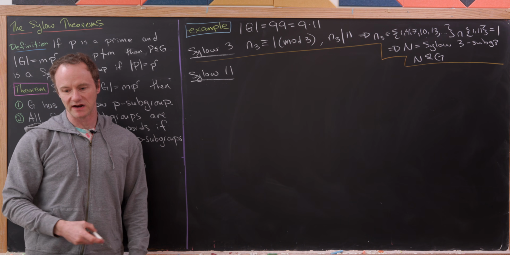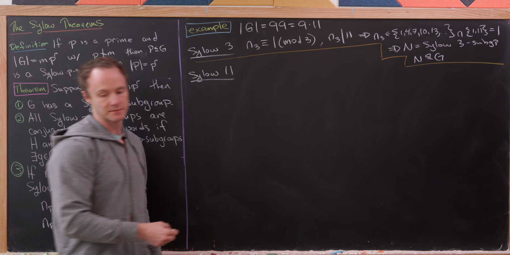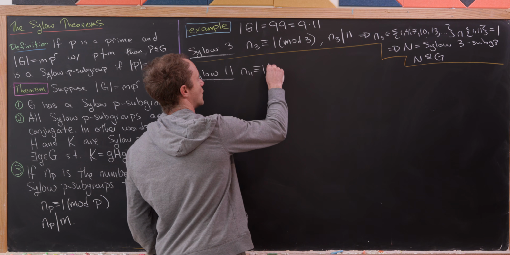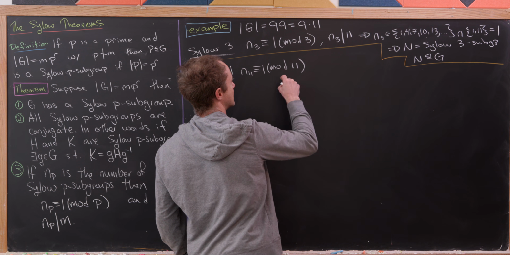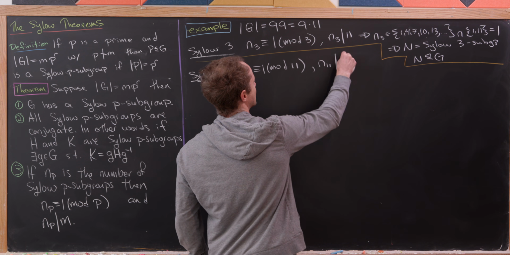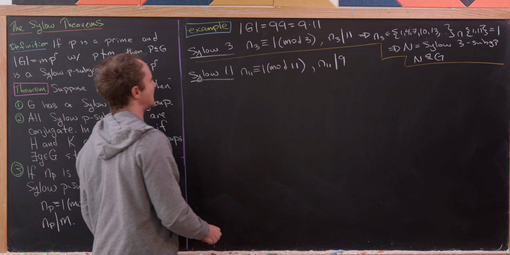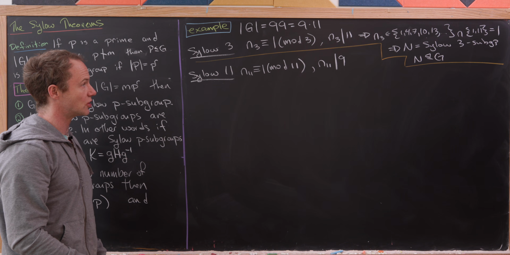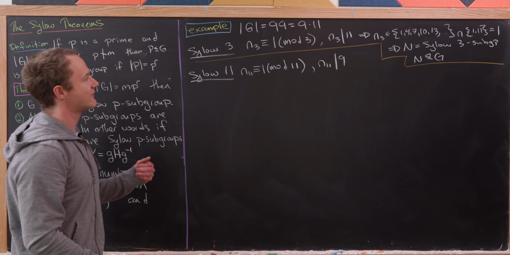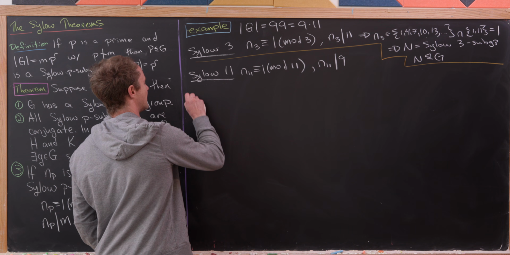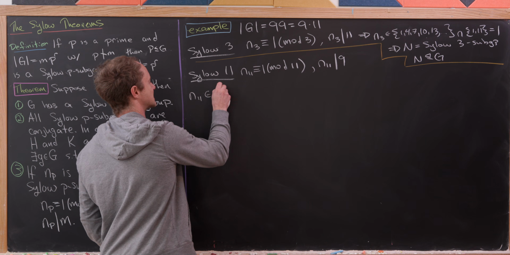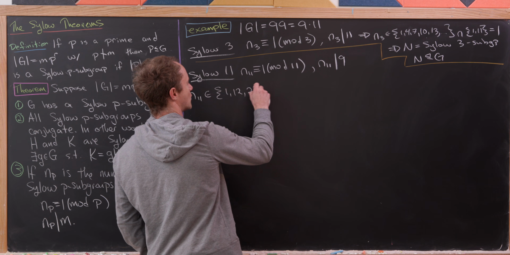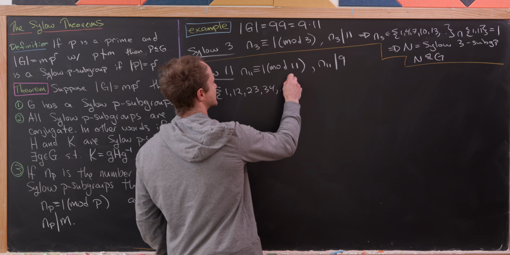Okay, so now let's look at our Sylow 11 subgroup. So notice that n_11 is going to be congruent to 1 modulo 11, and then we know that n_11 has to divide 9. But now very, very quickly we'll see that n_11 is also equal to 1, and that's because n_11 must come from the set 1, 12, let's see, the next one is 23, 34, so on and so forth.